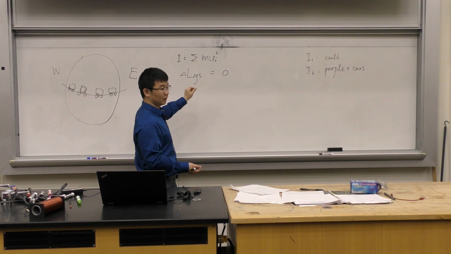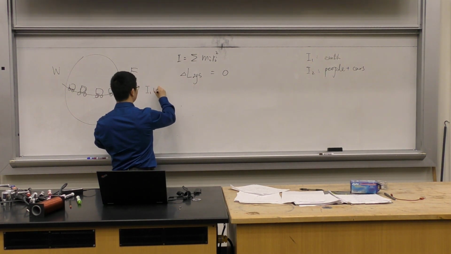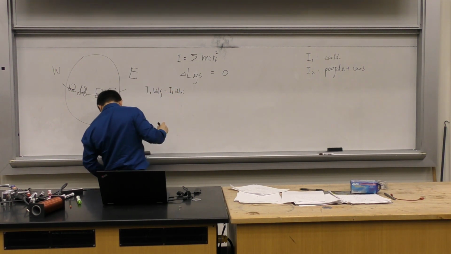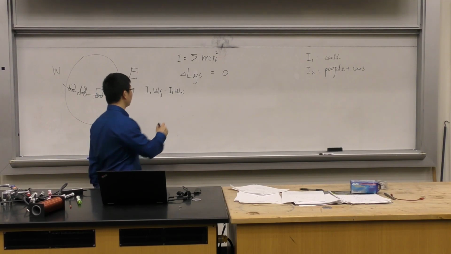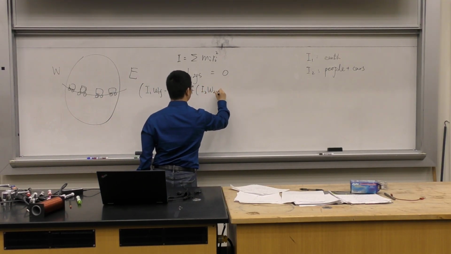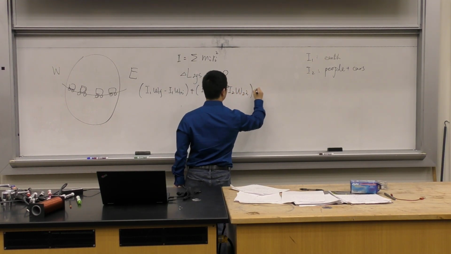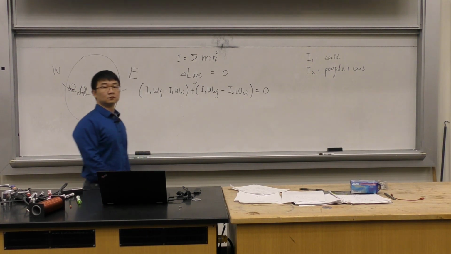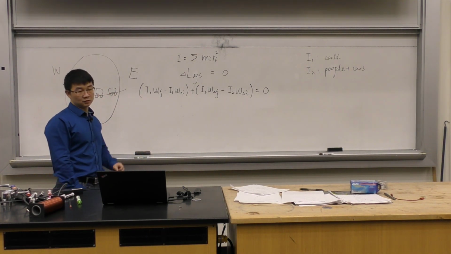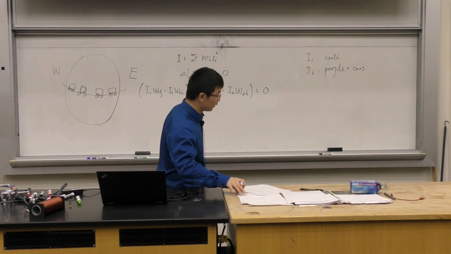Set up conservation of angular momentum for the system: I1 omega 1f minus I1 omega 1i, and then plus I2 omega 2f minus I2 omega 2i equals 0. So it doesn't matter how weird these two objects are, I'm just going to always set it up the same way.